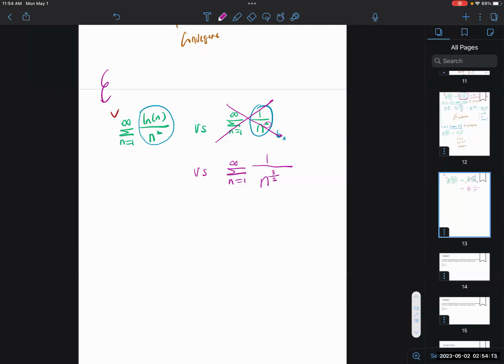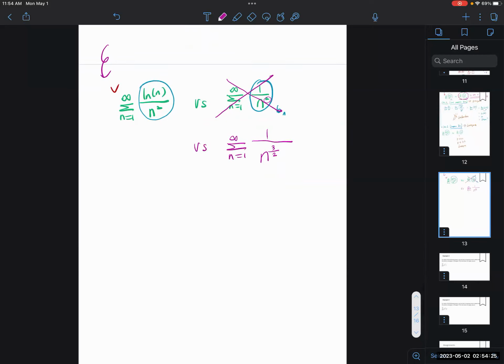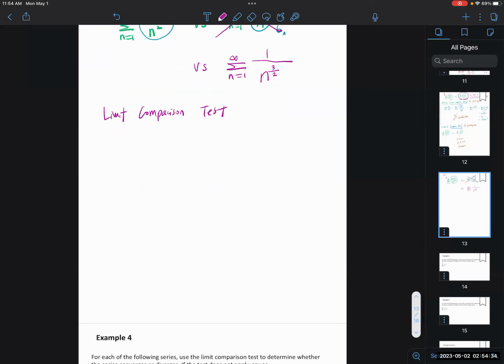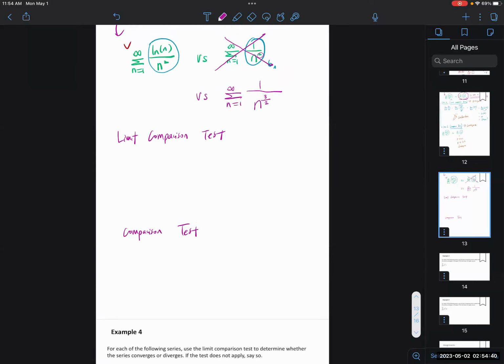You could choose a 3, you could choose a 4, but you're going to have to keep finding the contradiction. So I'm choosing 3 over 2 and I'm going to compare with this one. We're going to use both the limit comparison test and the comparison test. They have to give you the same answer. So first one, this is a_n, this is b_n.